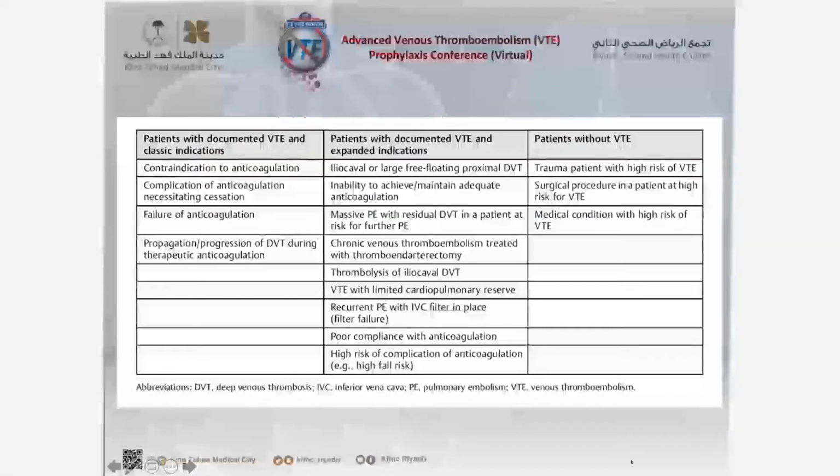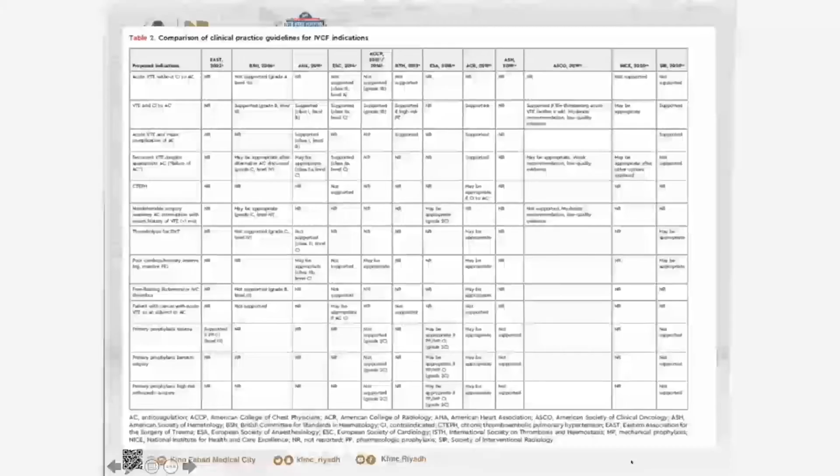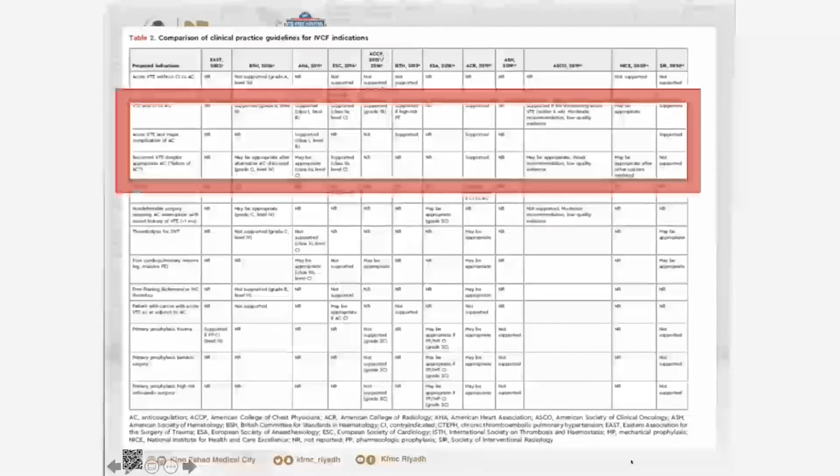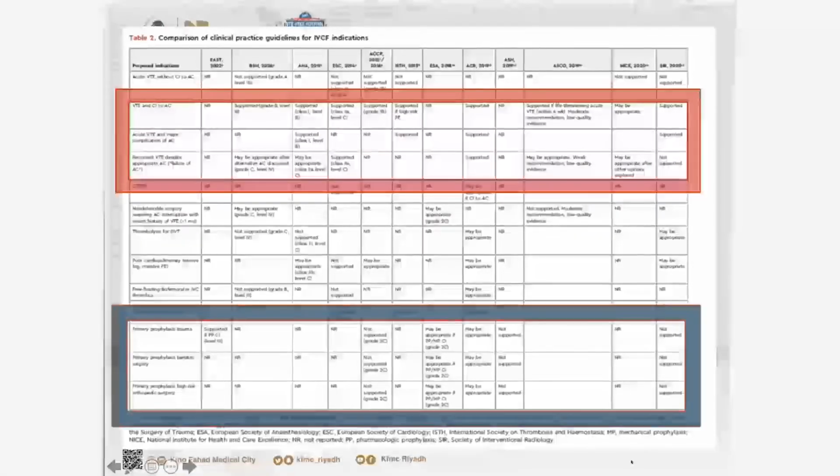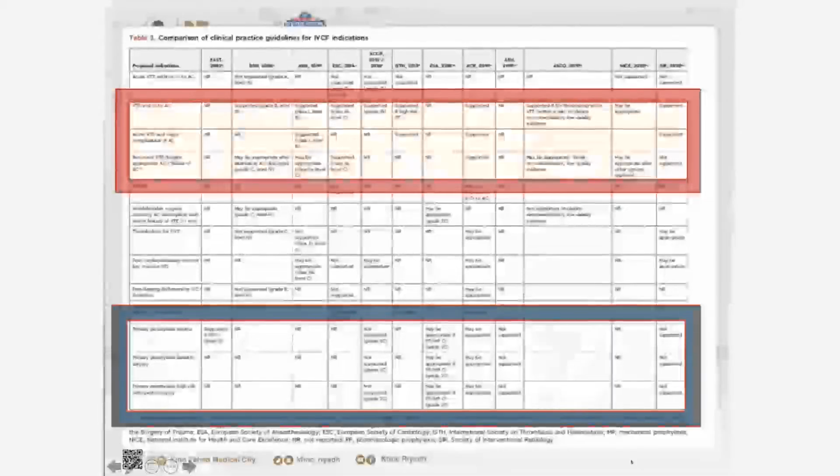This is the summary of these three groups for the current practice. If you go through the literature, you will find the first group has stronger evidence in regard to the insertion of an IVC filter, I mean, the one with contraindication for anticoagulation. However, the prophylactic group does not have strong evidence.